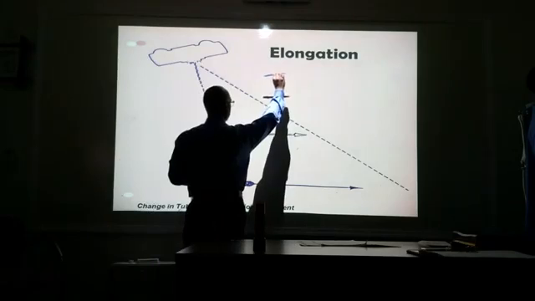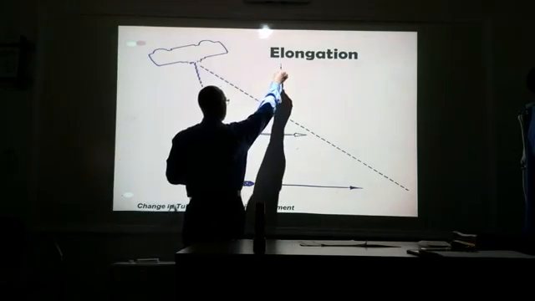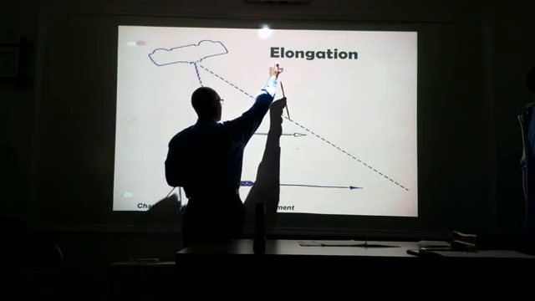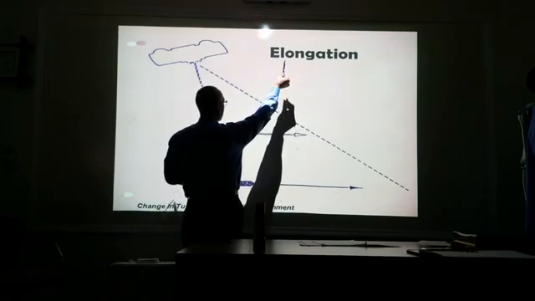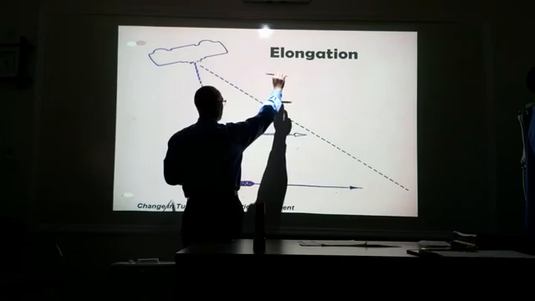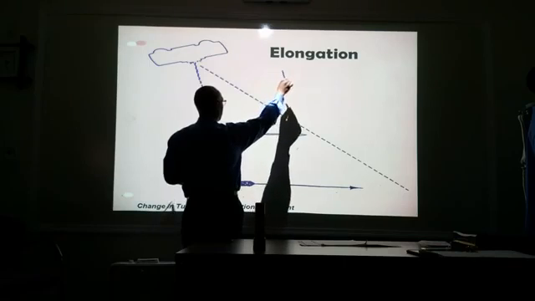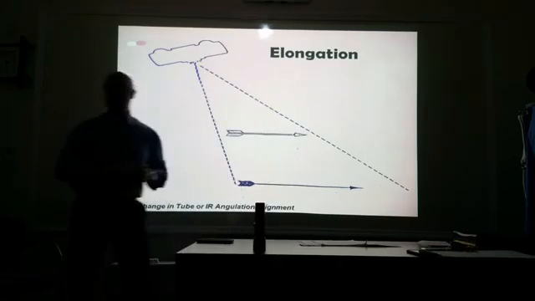Okay. Look at my pen. What's happening to my pen? Stretched out. Look how long that is. There's the true size. I can even foreshorten it. And I can elongate it.